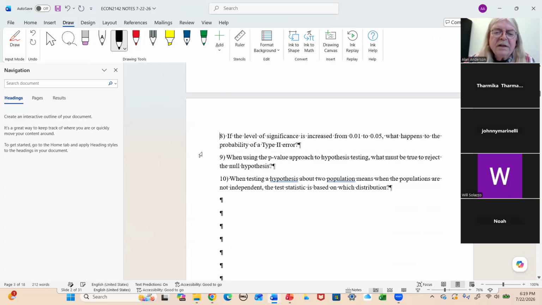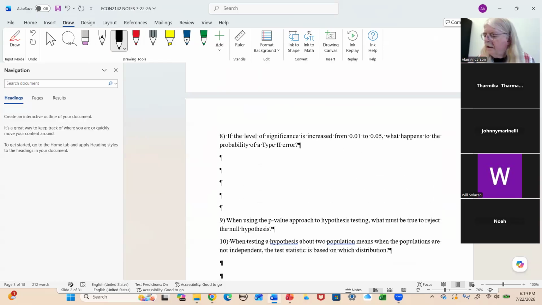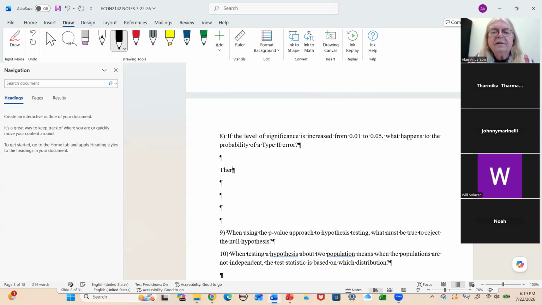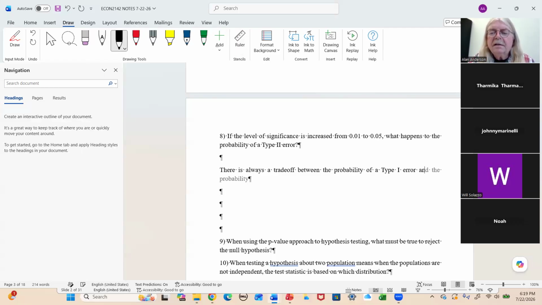Now, this is kind of an interesting conceptual question. It's getting to the idea that there is always a trade-off between the probability of a type 1 error and a type 2 error. In other words, to have less of one, you have to accept more of the other, and vice versa. Okay.